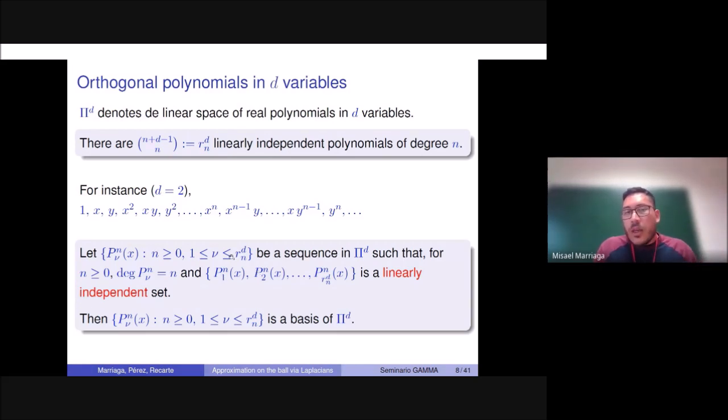That condition tells me that this sequence has to be a basis of polynomials of d variables. So these are the sequences that I'm going to consider.